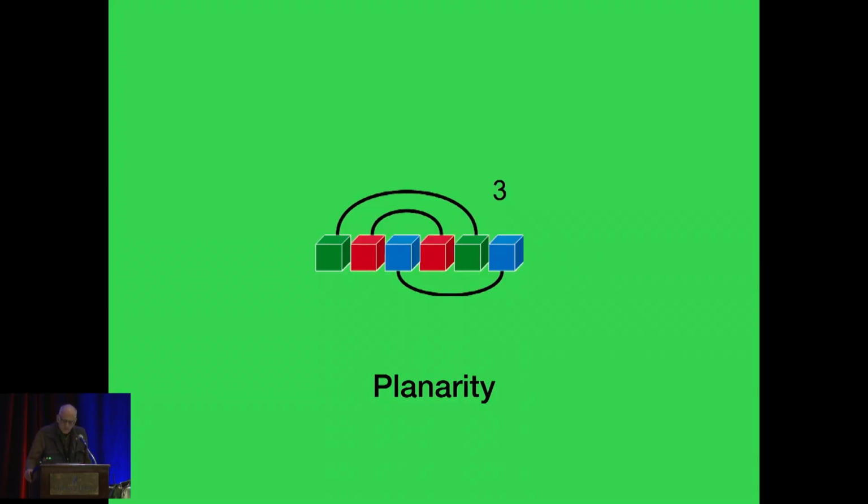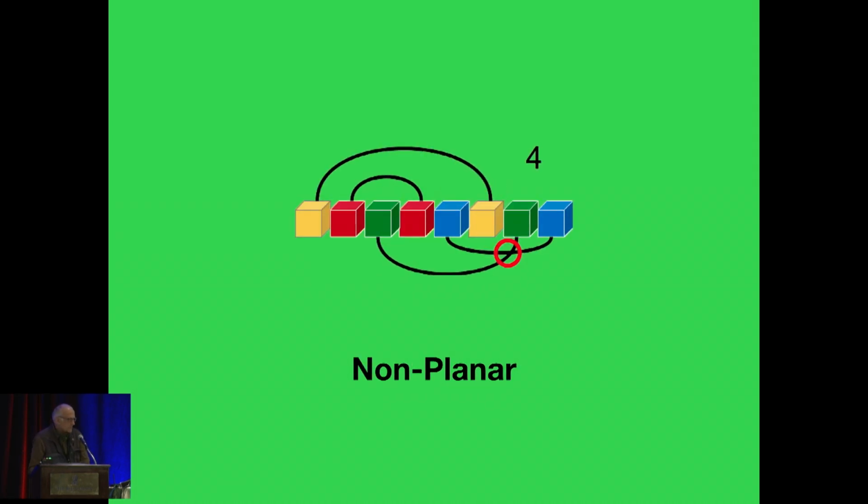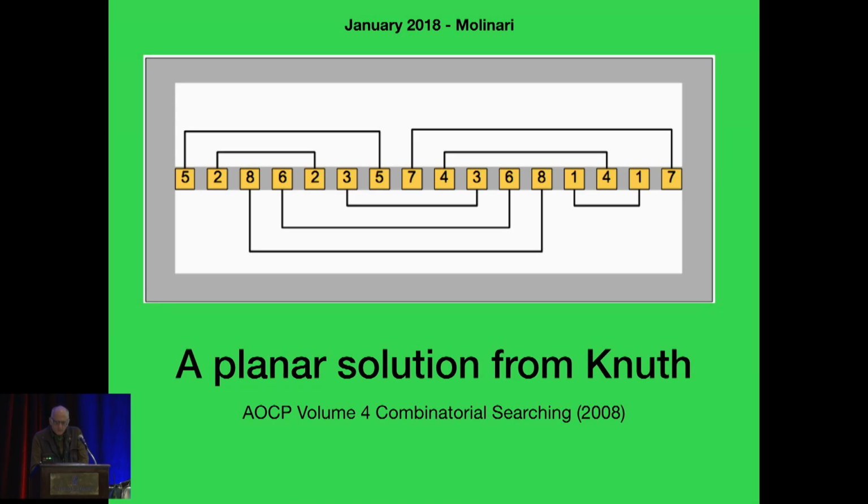Back to linear thinking. A solution is planar when lines connect pairs without crossing. 3 is planar. 4 is non-planar. It's no fair going around either end of the arrangement or between the blocks.